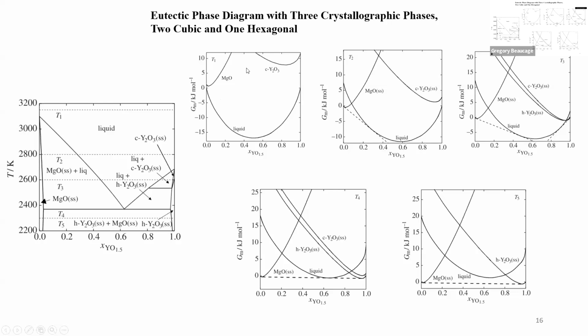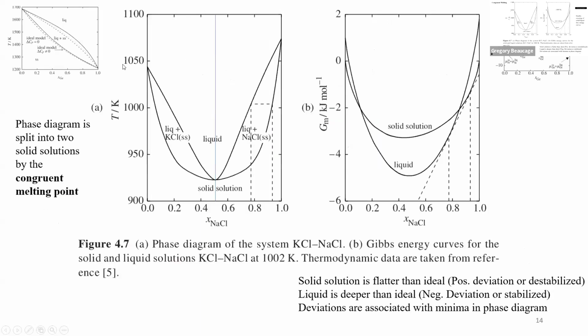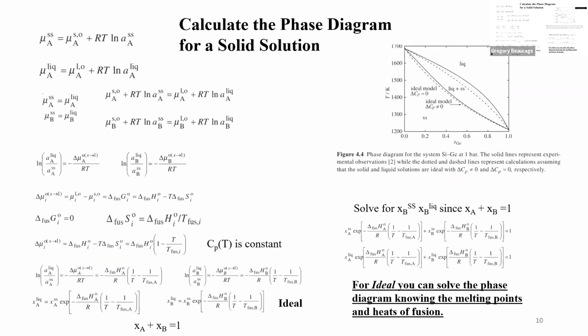Right, so you can do the same kind of calculations like I showed before with the chemical potential to calculate that phase diagram. So you can calculate the whole eutectic phase diagram. Things get even more complicated by using these activity coefficients, and then that reduces back so that you end up with just the heat of fusion and the melting point for the components.